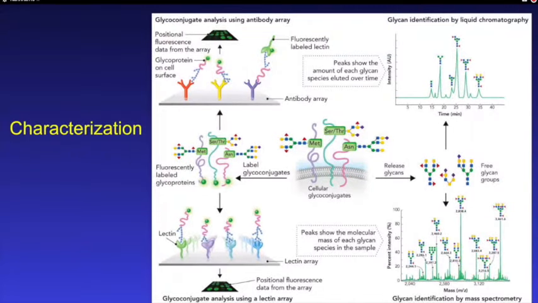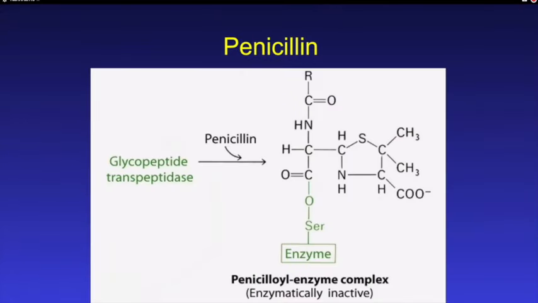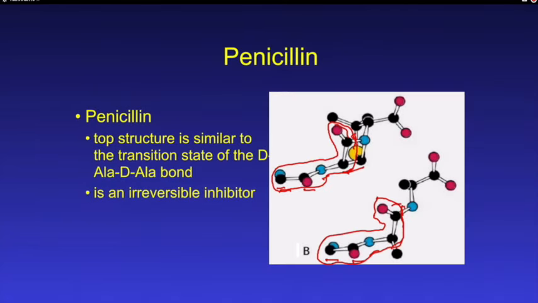Now, in looking at penicillin, we do have people that become resistant to antibiotics. One of the mechanisms for resistance to antibiotics is the fact that some bacteria have an additional enzyme that will break down and bind to penicillin much more quickly than the transpeptidase and break this bond.